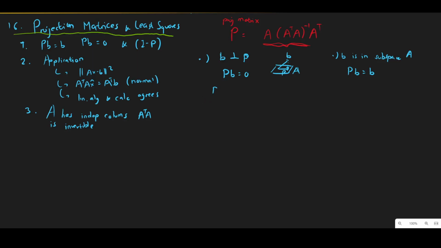Recall that the small p is actually just some x hat combination of the bases inside A, and we can get the x, which is actually x is, let me write this down, the A transpose A inverse A transpose B. So let's write it down here.